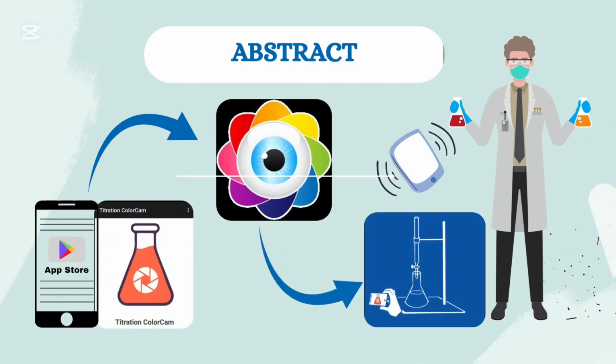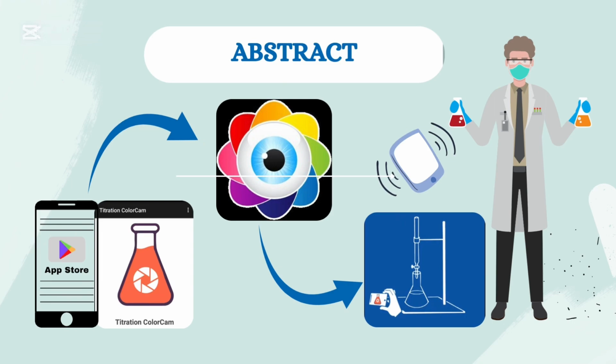A free Android application called Titration ColorCam enables students with color blindness or visual impairments to perform titration through a multisensory experience. The app uses the phone's camera to detect the color change during titration and converts it into beeps and vibrations.